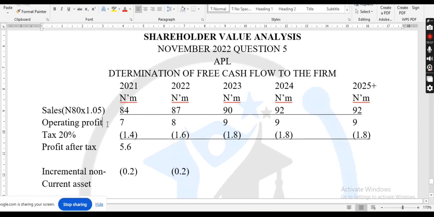What did they say about it? 8% of sales. What do you have? 6.8. Times 84, that gives 6.72. Okay, approximation, let's move on, please.